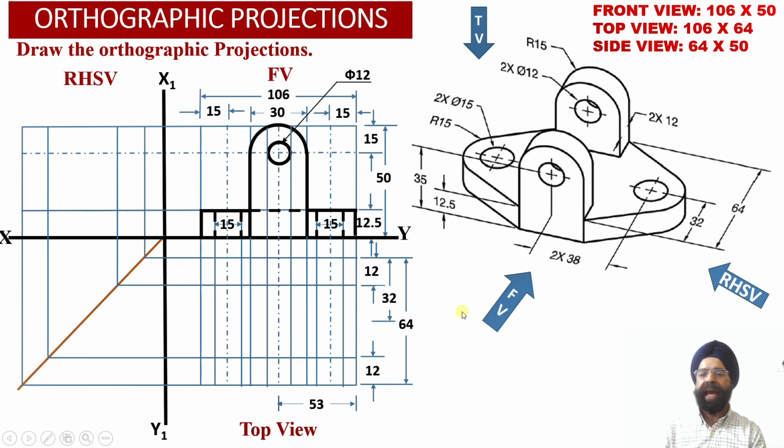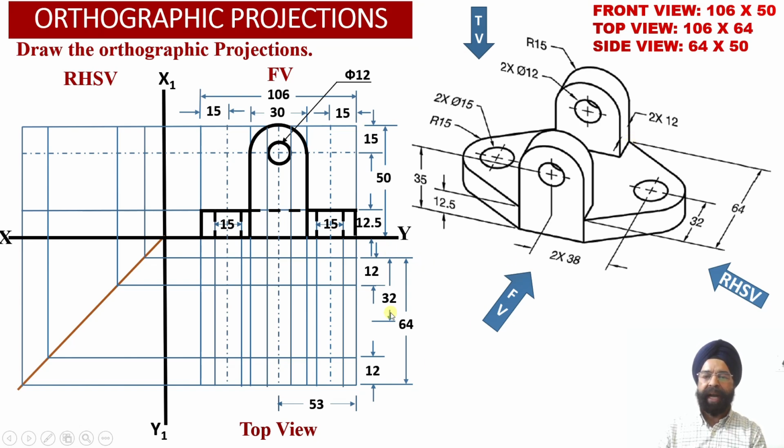So now we know that the center points of these two holes in the horizontal web are located at a distance of 32 millimeter either from the front side or from the rear side face of the solid.